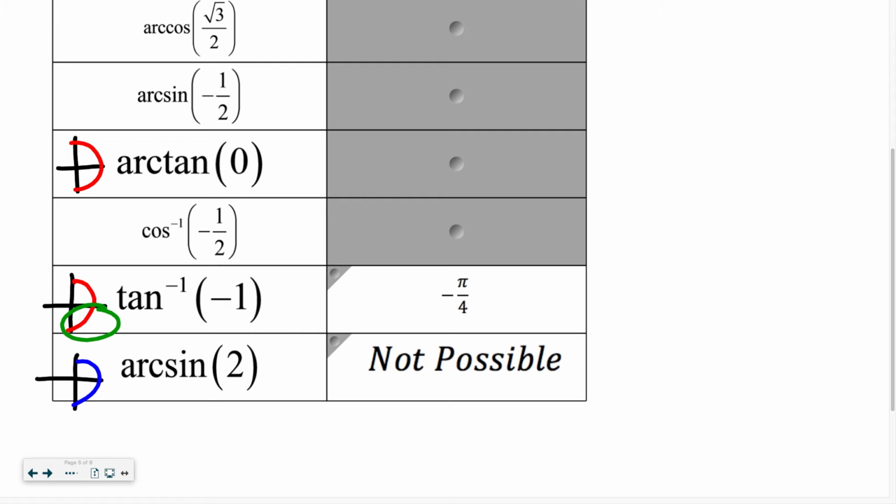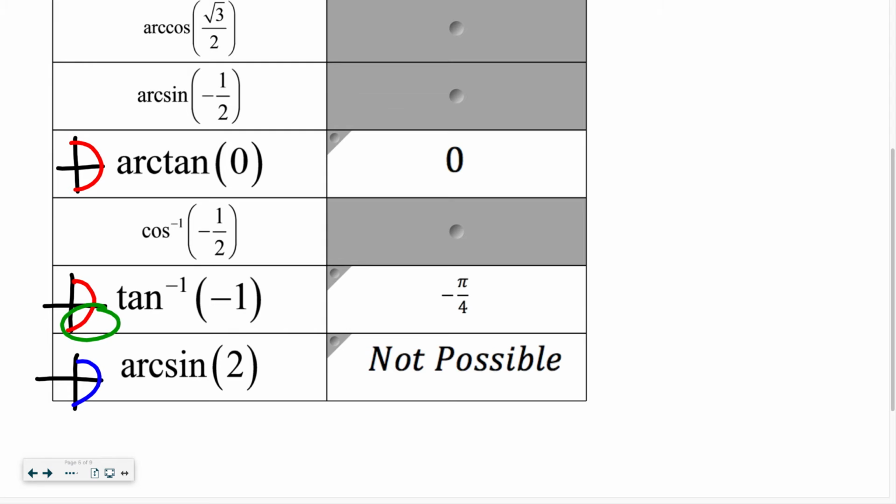I should know my tangents. So what angle in quadrant 1 has a tangent of 0? Y over x. 0, because that's 1, 0, 0 over 1, and 0. And 0 is between negative pi halves and pi halves, so 0 is the correct answer. You cannot answer 2 pi, because that's outside the range.